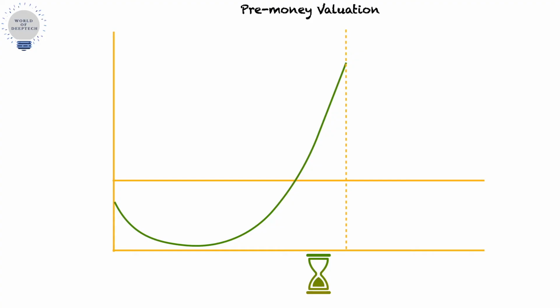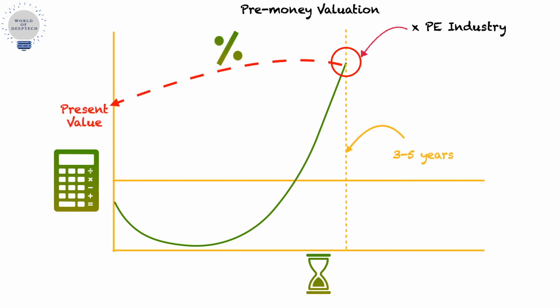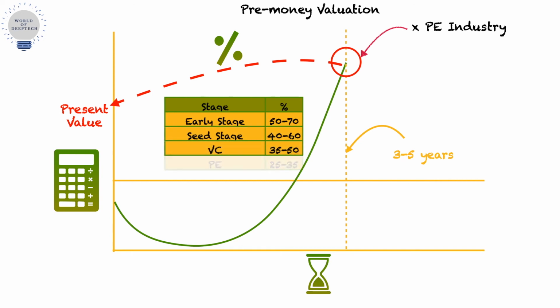Here, instead of free cash flows, net income is forecast for a period of 3 to 5 years, and the last net income in the forecast period is multiplied by the price-earning ratio of the industry to arrive at a pre-money valuation of the startup at the end of the forecast period. This value is then discounted back to the present value using rates that are commensurate with the risk at each stage of the investment.